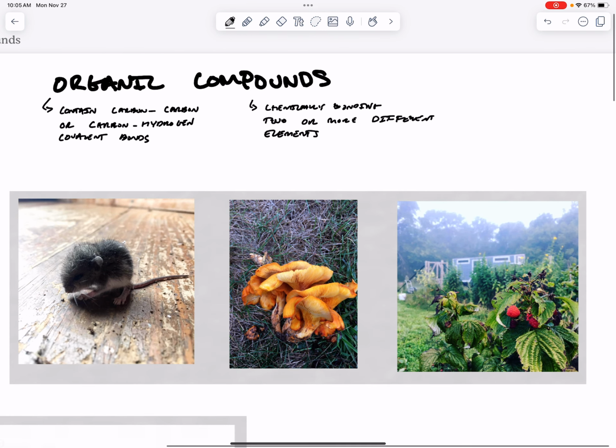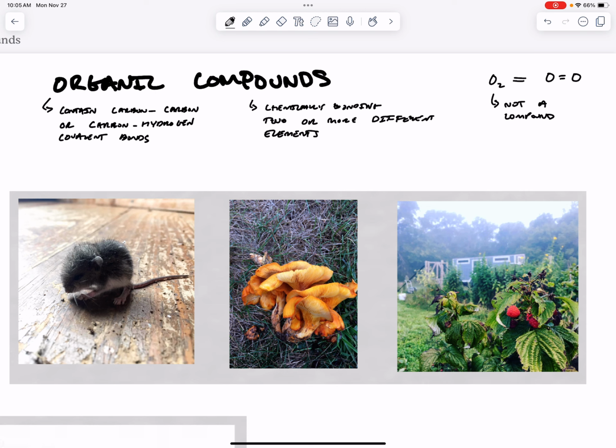So, for example, oxygen, O2, molecular oxygen, equals oxygen bonded to oxygen, like this, and this is not a compound, because it's only composed of one element.